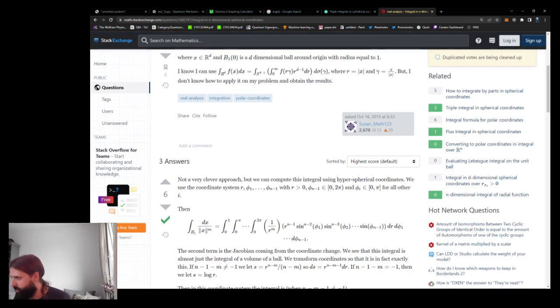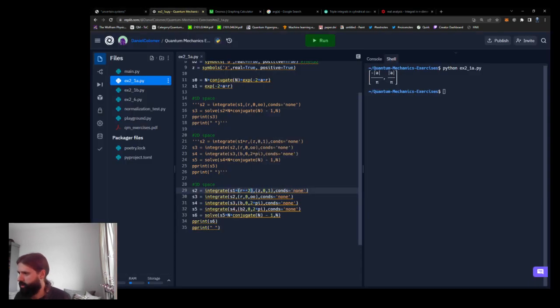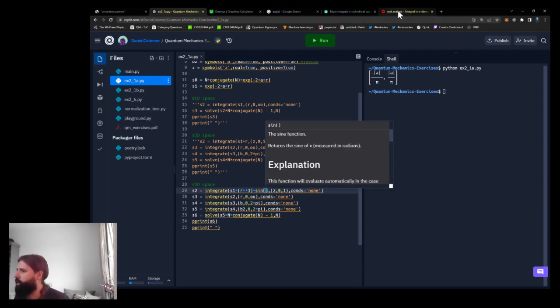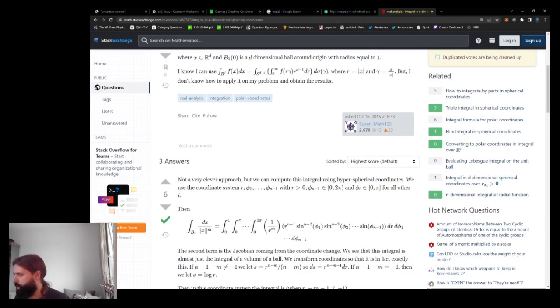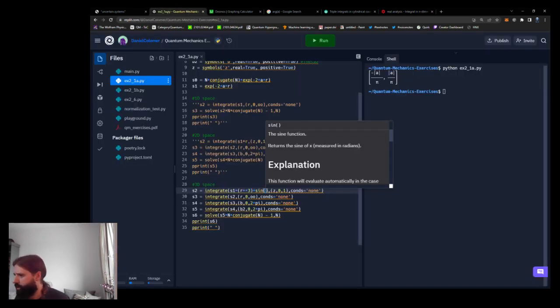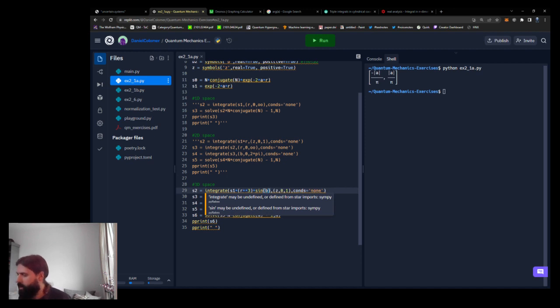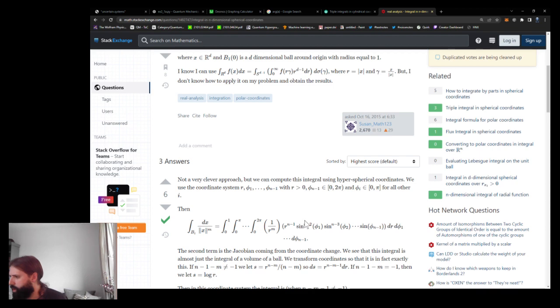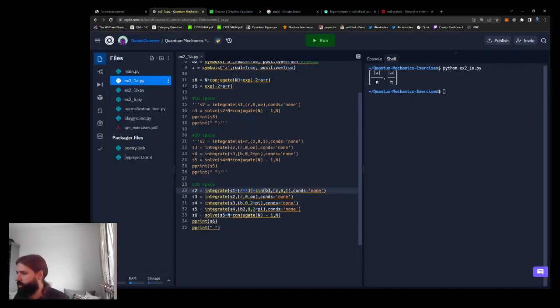No, n is the dimensions, we're 4-dimensional, so it's 3. So r to the power of 3 times sinus of theta, right? So this is b, sinus, okay, sinus to the power of n minus 2, so square.